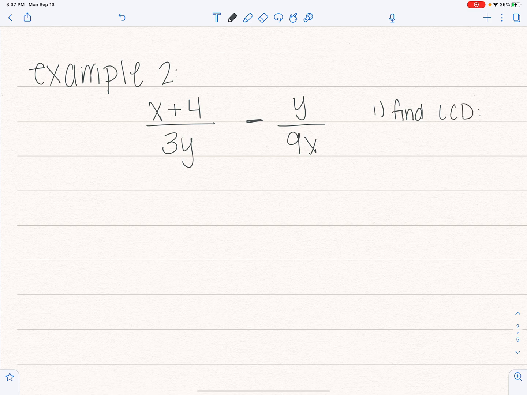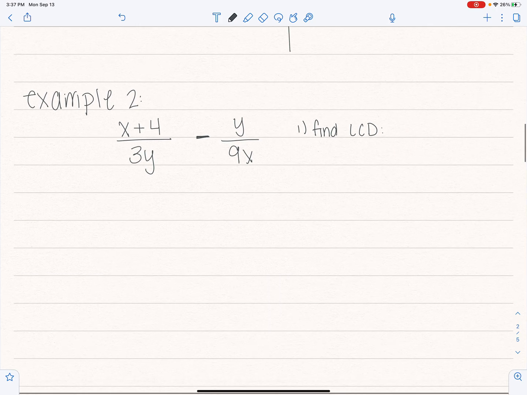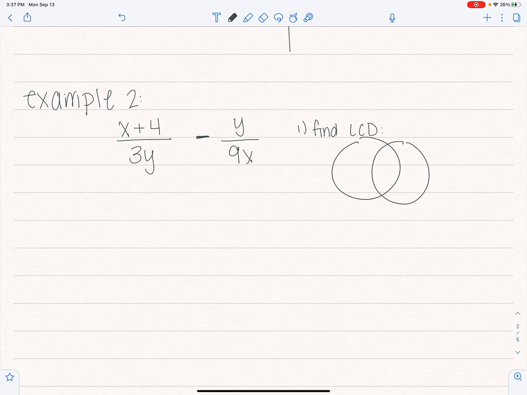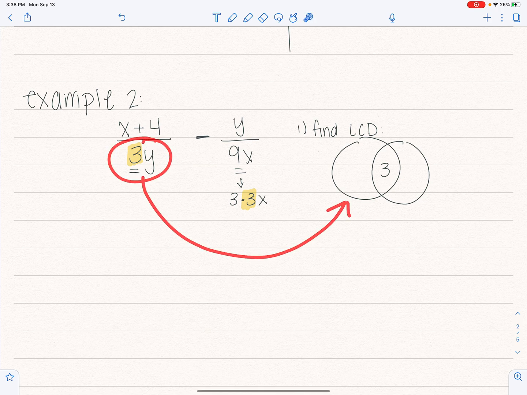So I'm looking for, do they already have something in common? Well, 3 and 9 have a 3 in common, which would now make that 3 times 3x, if you were to write it like that. Okay, so they already have a 3 in common. Now this denominator, I need a y over here in my LCD.